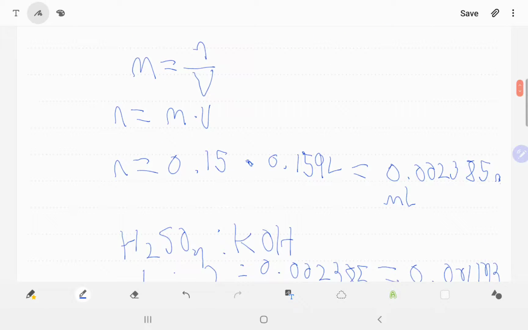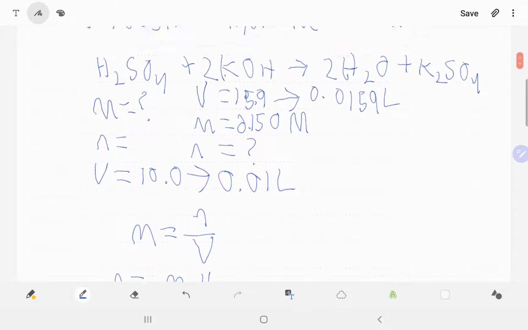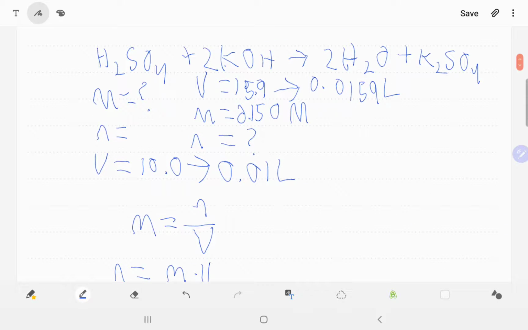You have solved for one of your n's, which would be 0.001193. Your other n would be 0.002385.